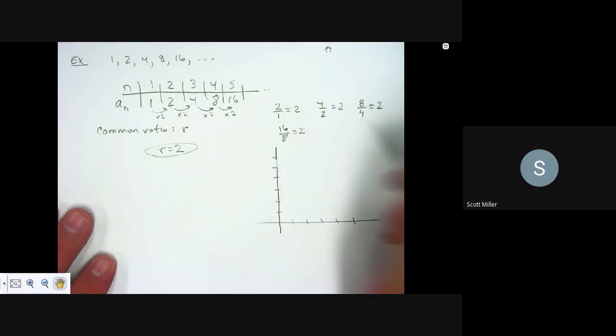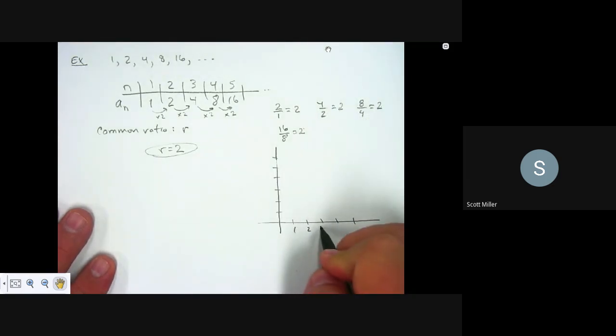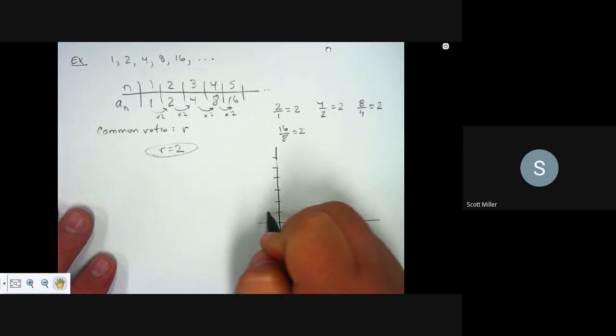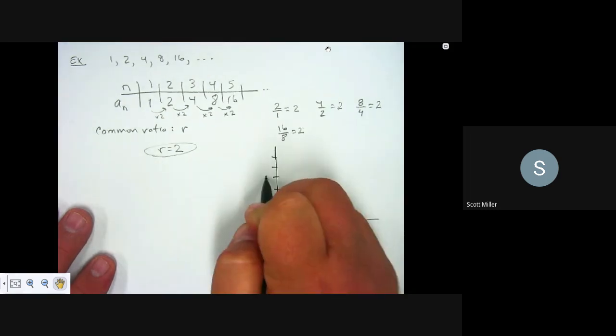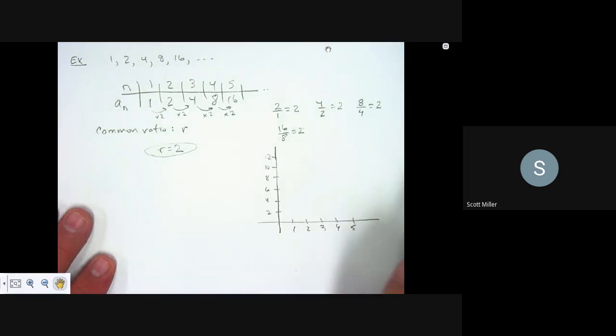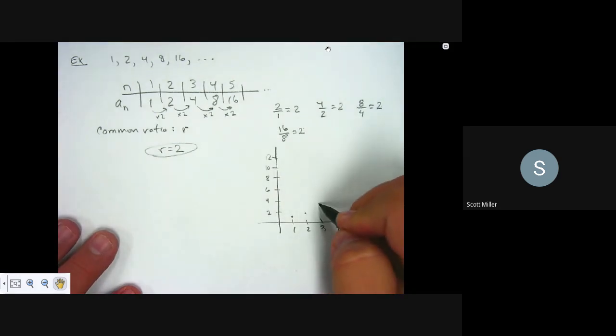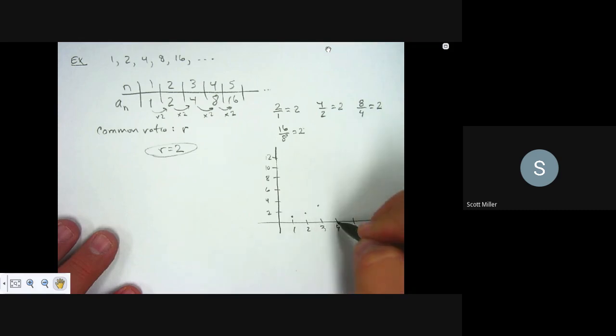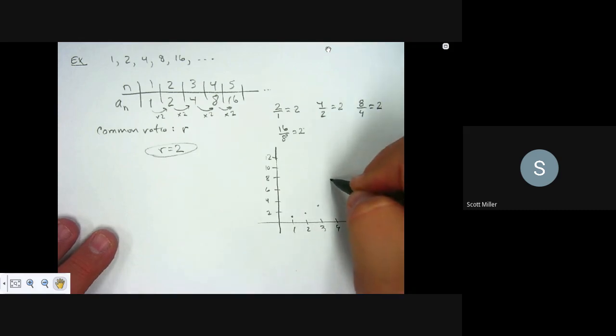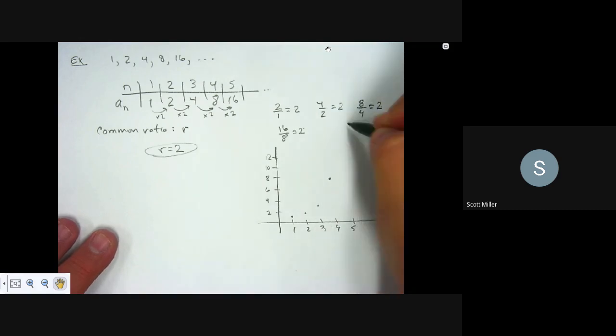I'm not going to get all of these in there because I didn't make it big enough. 1 goes to 1, 2 goes to 2, 3 goes to 4, 4 goes to 8. And then 5 would go to 16, which would be somewhere right about here. And so you can see this little curve action of the dots. This is what a geometric sequence looks like.